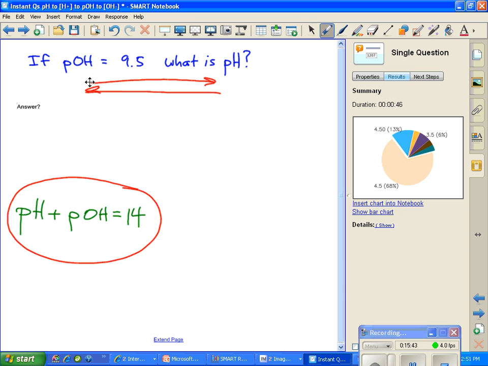So we got 14, and we're going to subtract the 9.5. That was the given pH, or pOH. And to get to the pH, we just subtract those out, and we get 5, or 4, I'm sorry, 4.5, and that is our new pH.